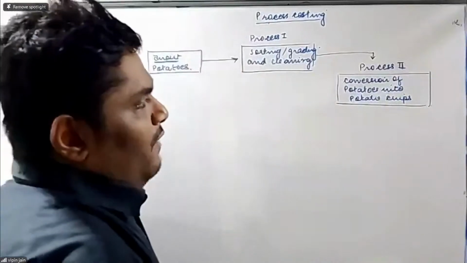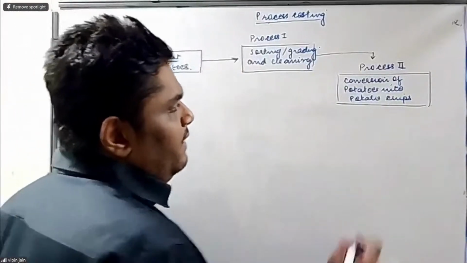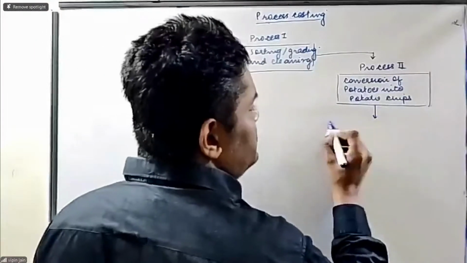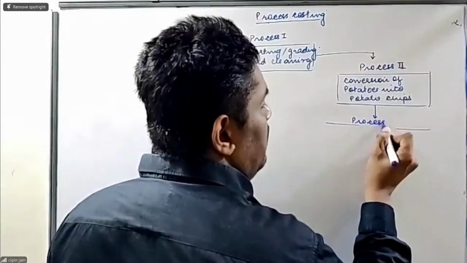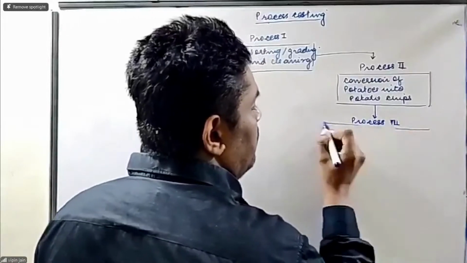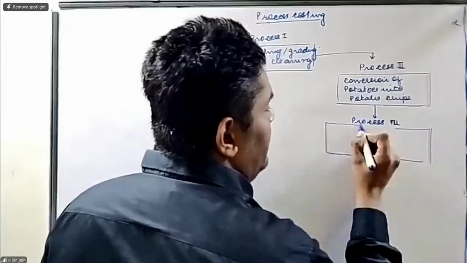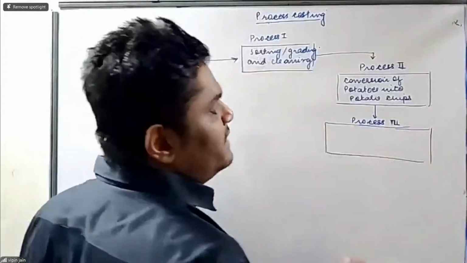Once the potato chips are ready, they are transferred to the next process. Let's say process third, wherein I add flavors and preservatives.